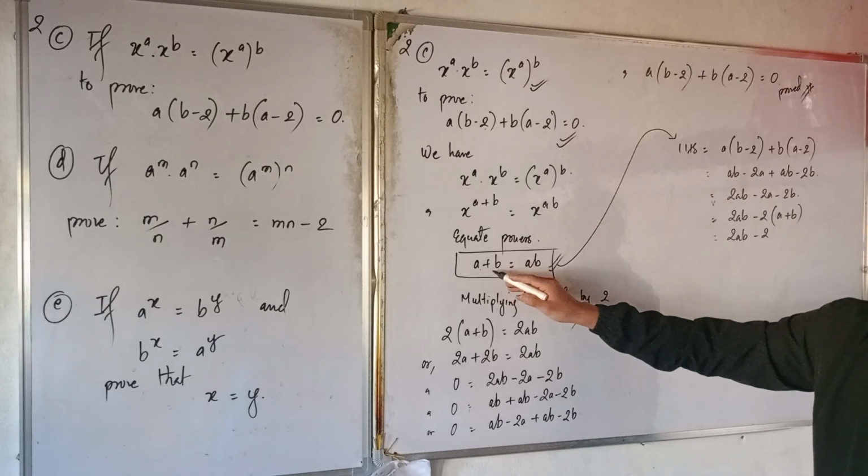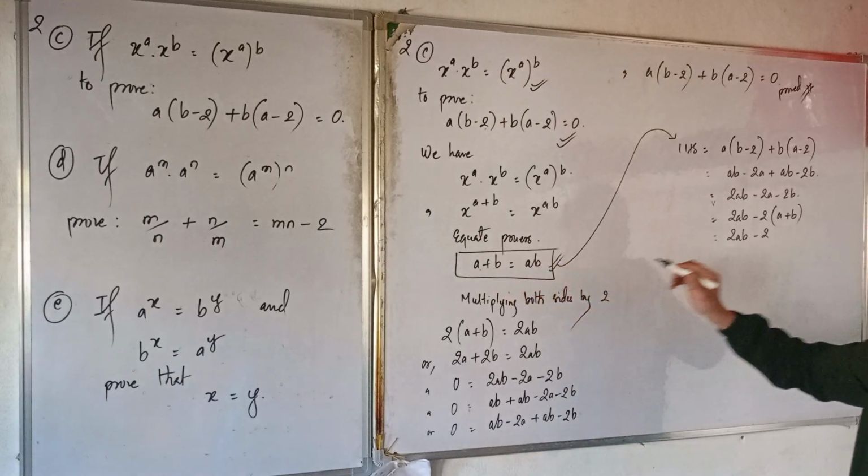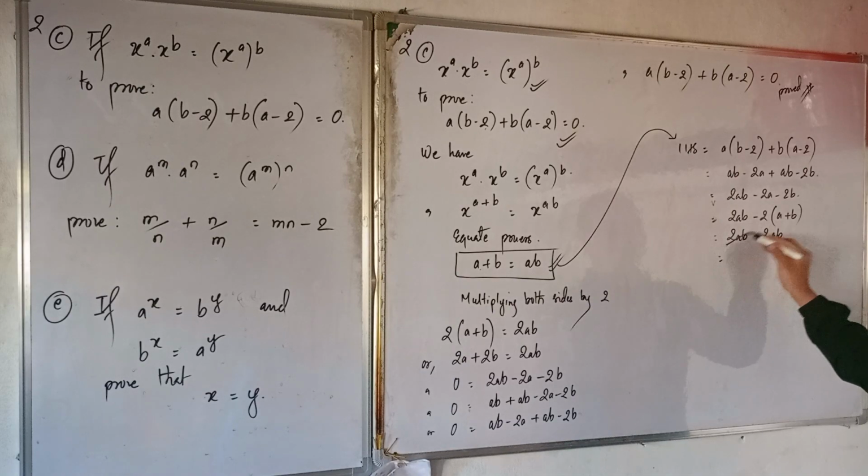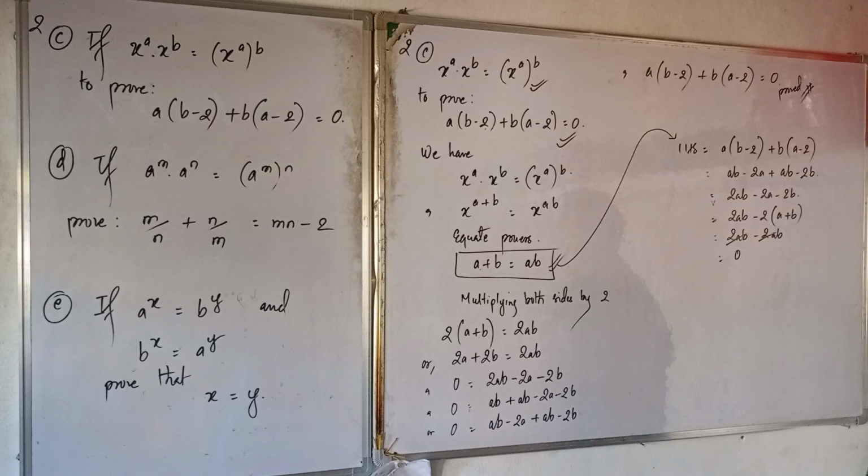Here we have established the relation a + b = ab, so replace a + b by ab. In this way 2ab cancels, and it will be 0, which is the RHS.